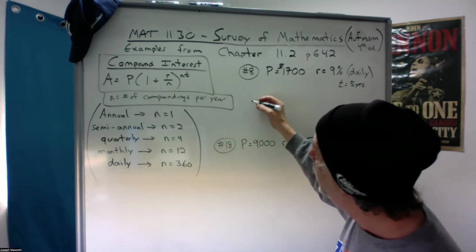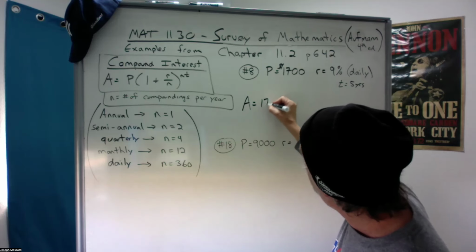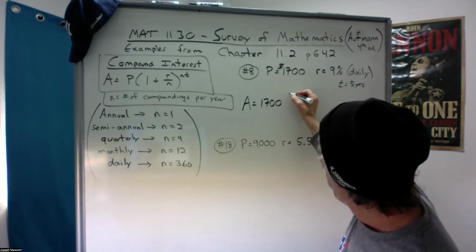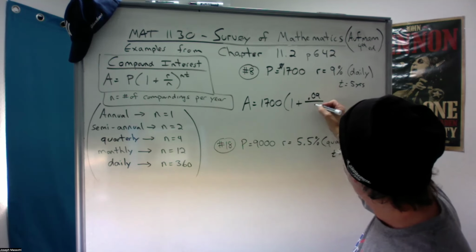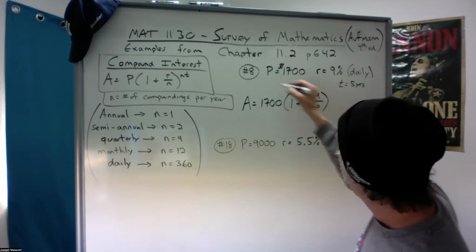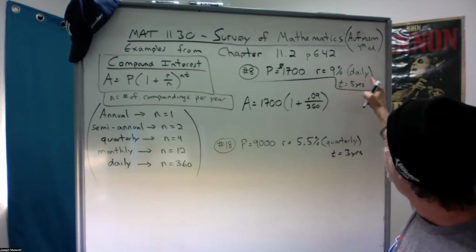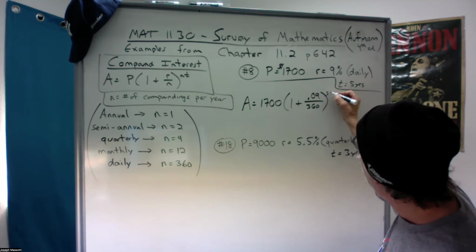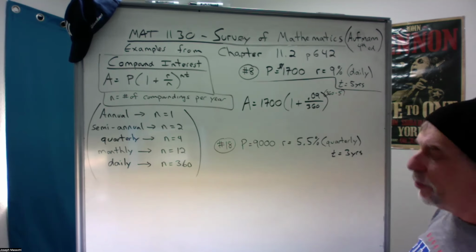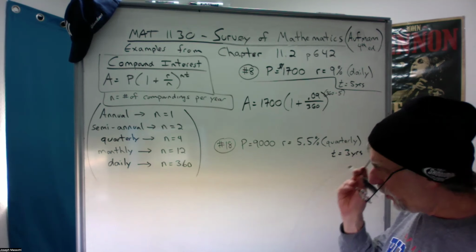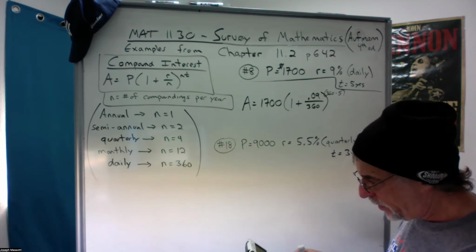So we're going to plug this in to the formula and get A equals 1,700 times 1 plus the rate as a decimal divided by 360 because it's days, and raised to the NT, so 360 times 5, which is going to give us our exponent. 360 times 5 gives us 1,800.